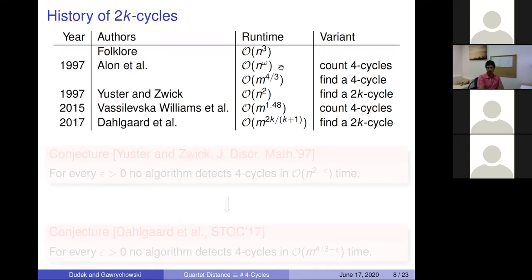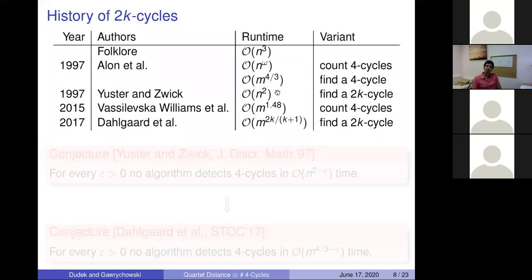And if your graph is sparse, so if you care about the parameter m, then you can detect a 4 cycle in m to the power of 4 over 3, which is the same exponent as in the previous slide. So you can guess that there will be some connection. So this is for finding. There is a difference between finding and counting that I will try to explain a bit more.